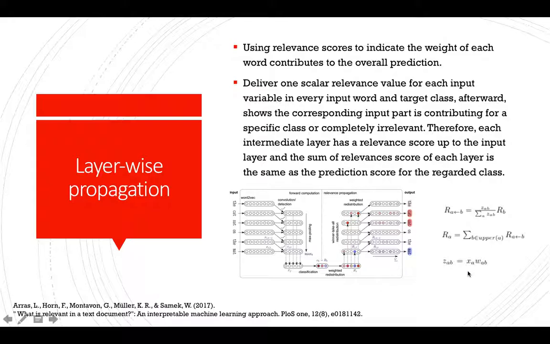So, for instance, the relevance score of neuron A is the sum of the relevance scores from neuron B up to neuron A, where B is in the lower layer of A.